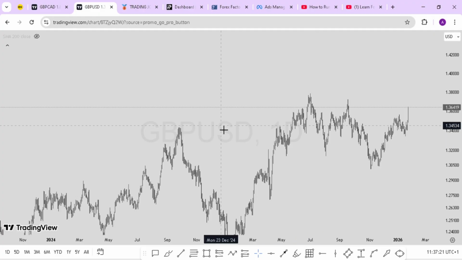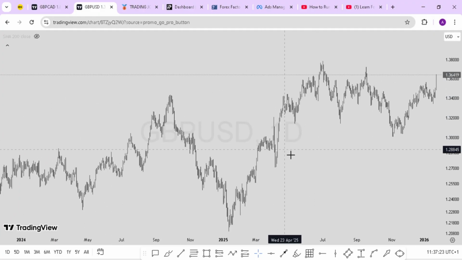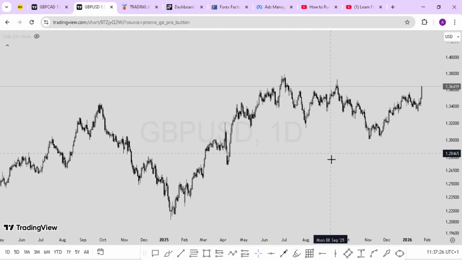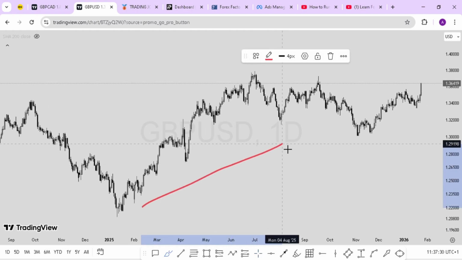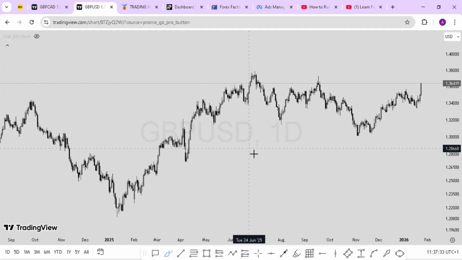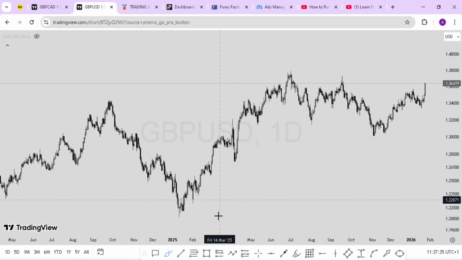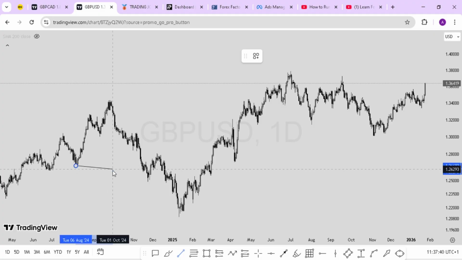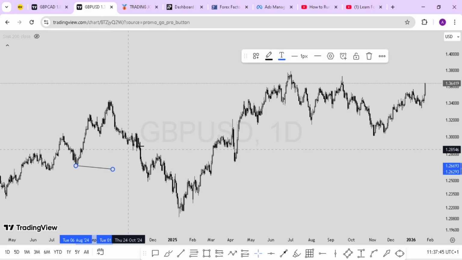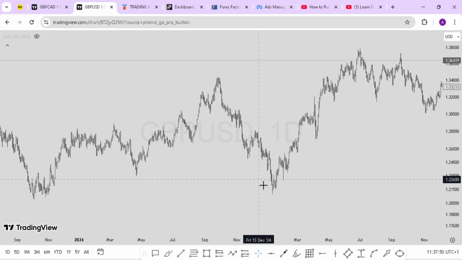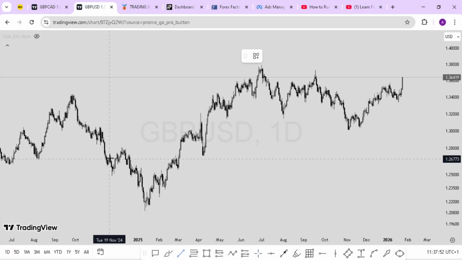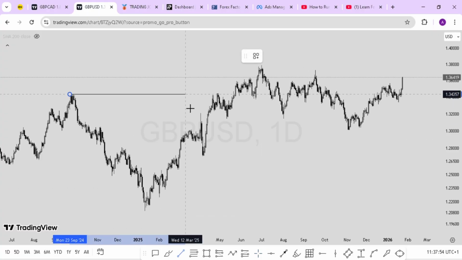So this is GBP USD daily time frame, and it's very clear and obvious that market was giving us bullish momentum. I don't want to go back, I just want to see what the market did recently, instead of marking the whole structure and leaving you guys confused. If you look at it, it is obvious that the market just took out this high.